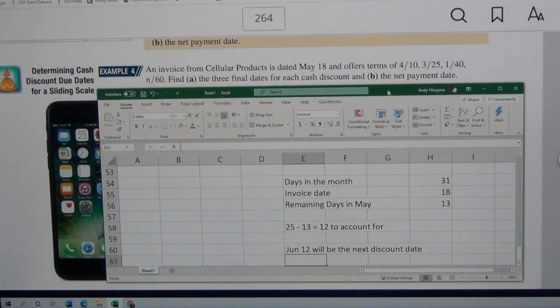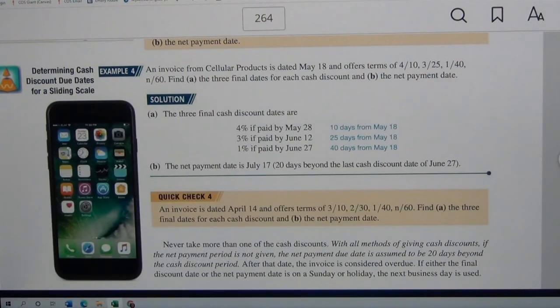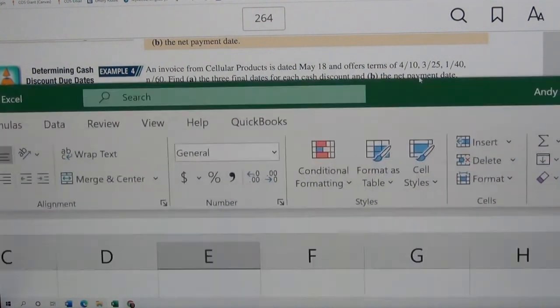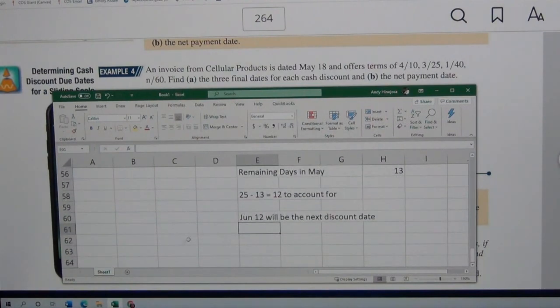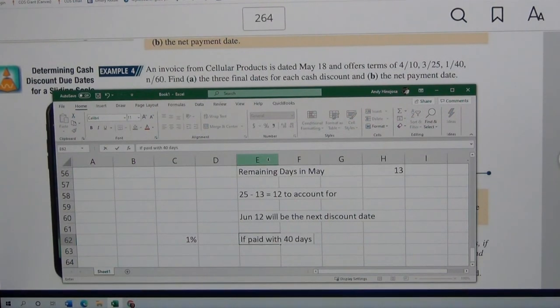Okay, so did we get that right? Let's make sure. Yep, June 12th. And then 1% if paid within 40 days. So we're going to do the same thing we did before. We're talking now about the 1%, and we can take the 1% if paid within 40 days of May 18th.